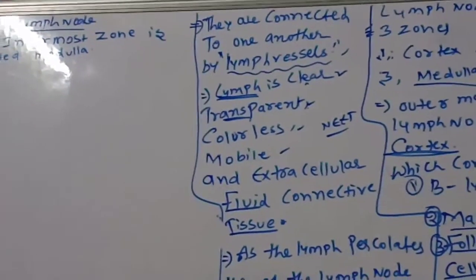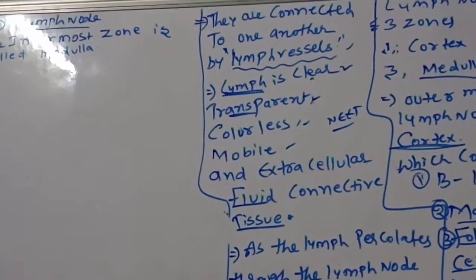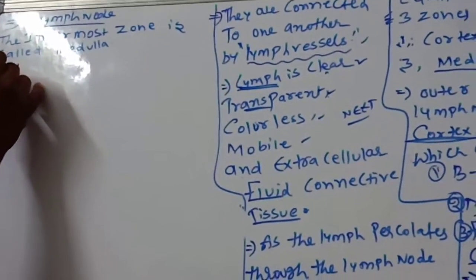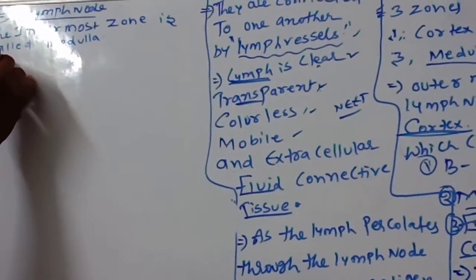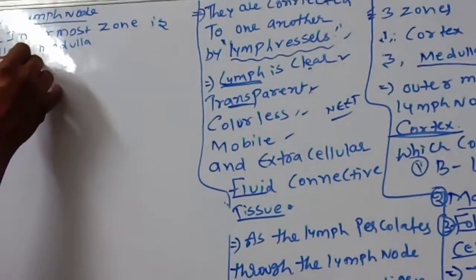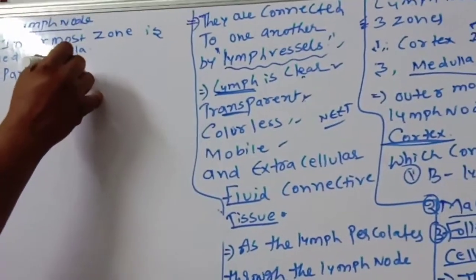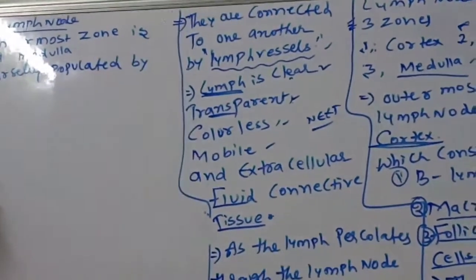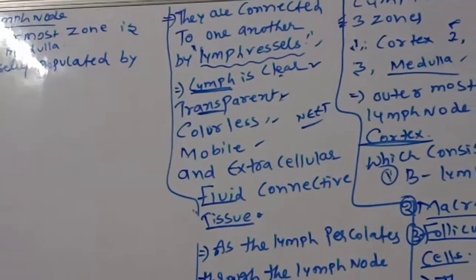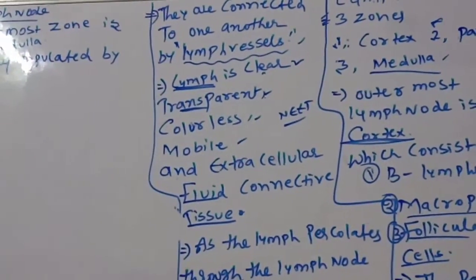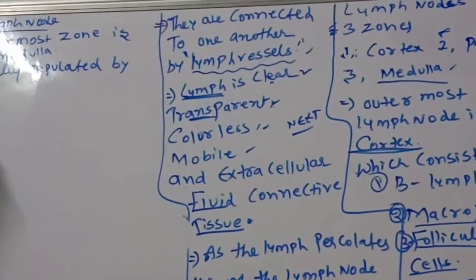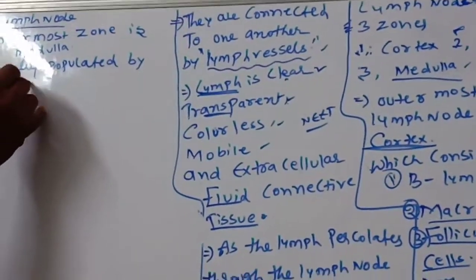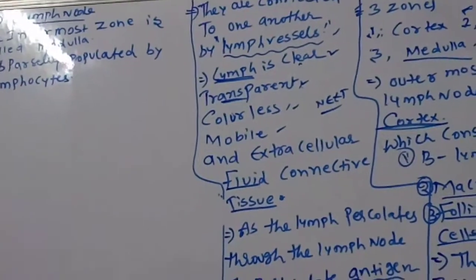Next point, very simple. The innermost part is called the medulla, which is sparsely populated by lymphocytes.